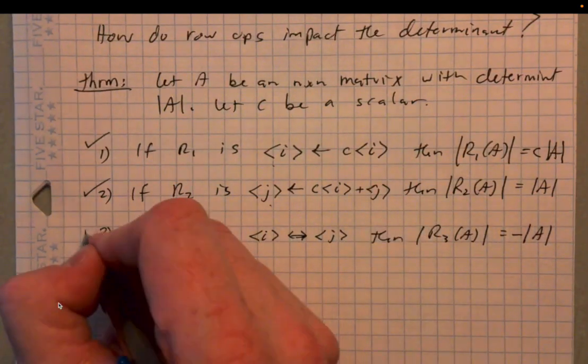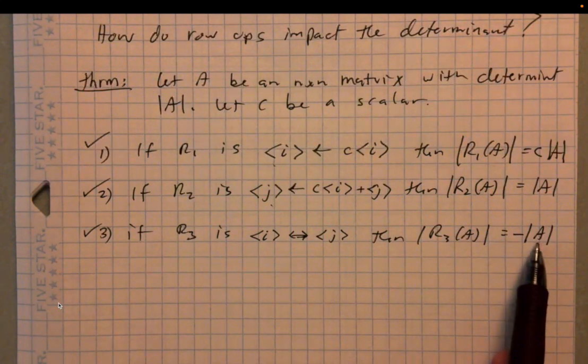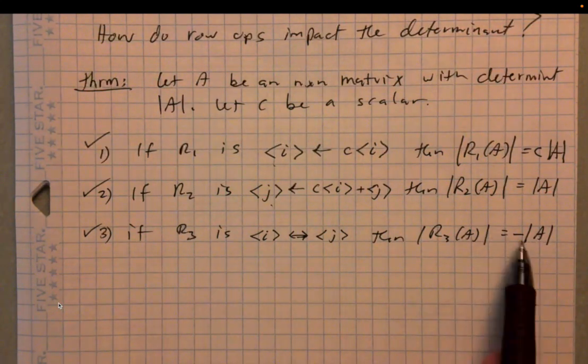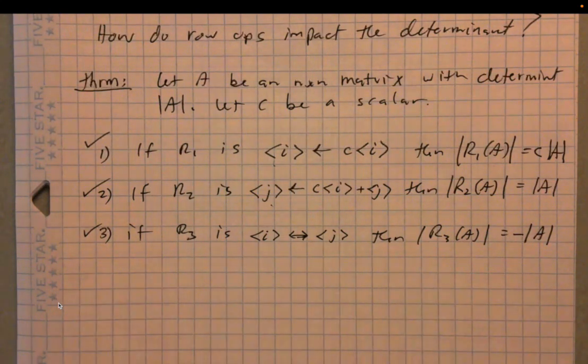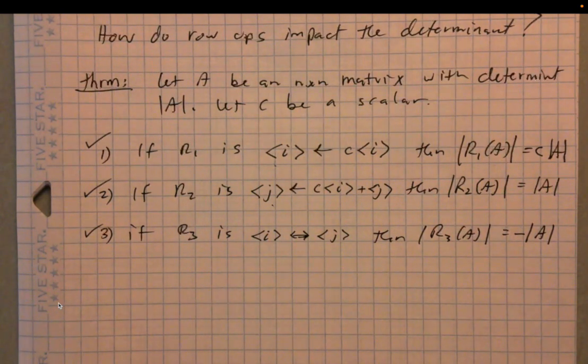And then swapping rows causes the sign of the determinant to flip. So negative, and then another negative would make it a positive, and then another negative would make it negative. So the sign will flip. So if you do 2 or 3 row exchanges, then you have to keep track of 2 or 3 sign flips for the determinant.